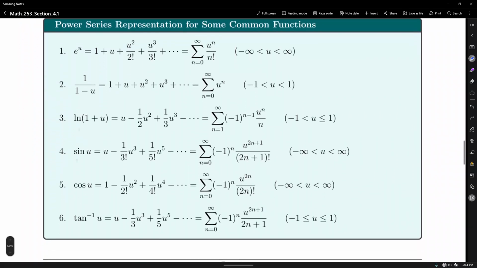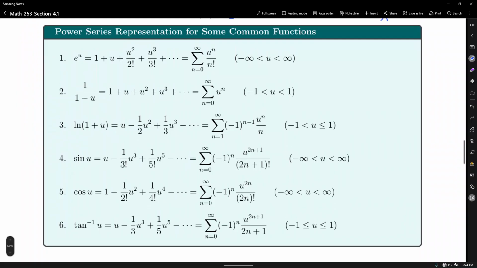I'm still going to do a brief review of representation of functions here. That is e to the u, the exponential function, the sum from n equals 0 to infinity of u to the n over n factorial. Typically, you would see this series with x's rather than u's, but I changed the variable from x to u because what if you have a composite function?